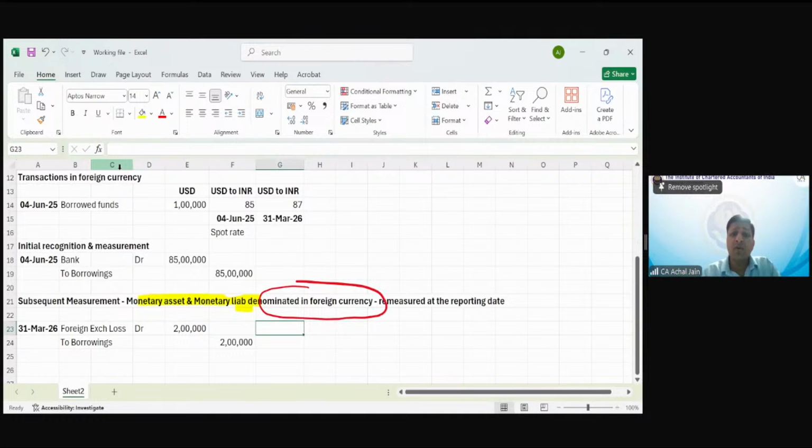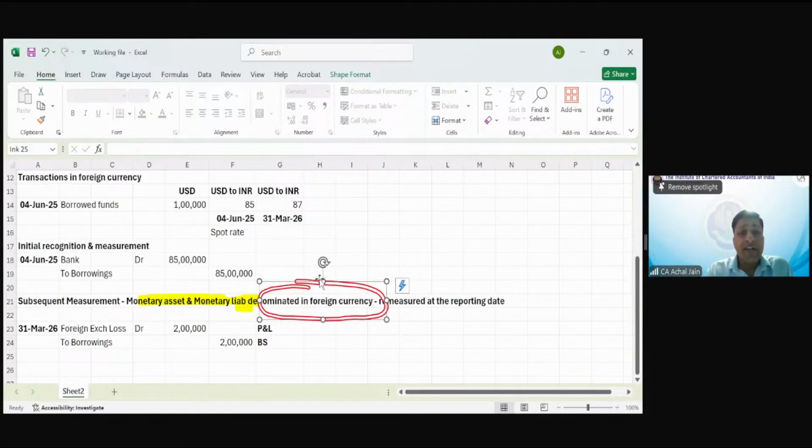So where does it go? P&L. And where does it go? Balance sheet. This is called remeasurement, or you can say restatement of any foreign currency denominated monetary asset or monetary liability.